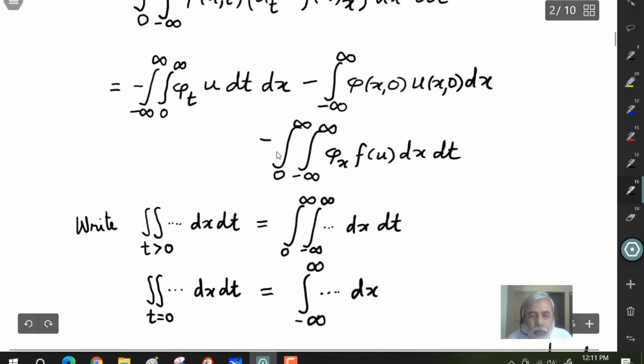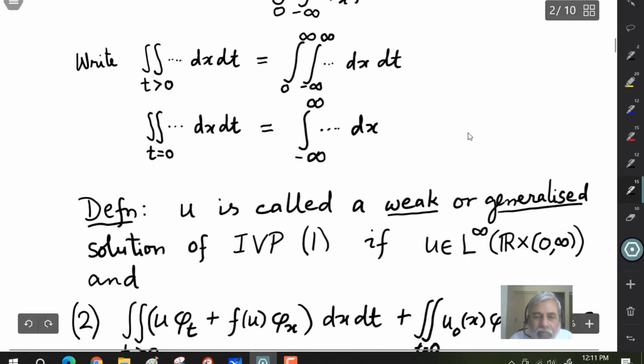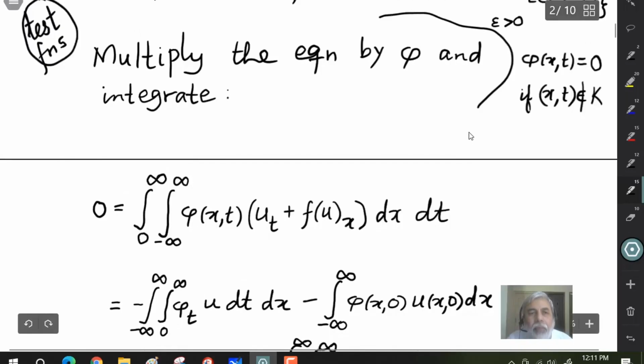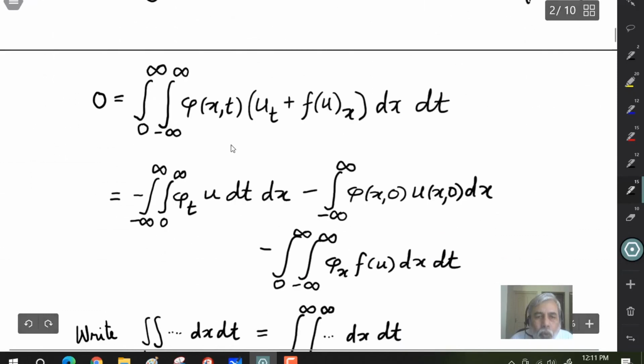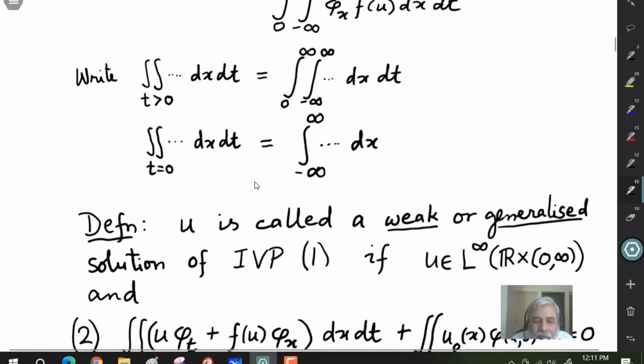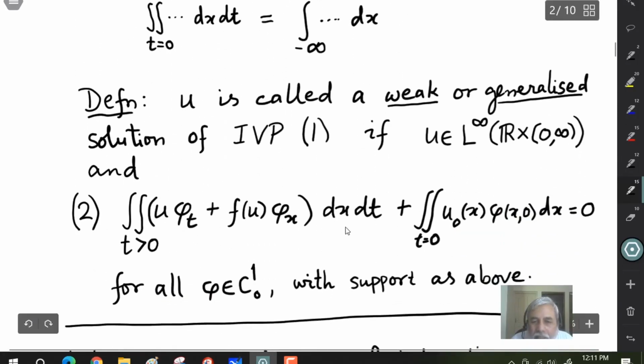In fact, this is the procedure followed for most linear and non-linear PDEs. You multiply by a suitable test function. The class of test functions differs from problem to problem. You throw all the derivatives onto these test functions by integration by parts, and you generally end up with the definition of a weak solution of a given linear or non-linear PDE.